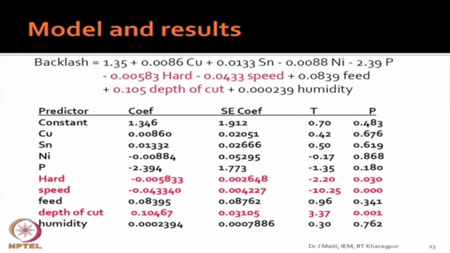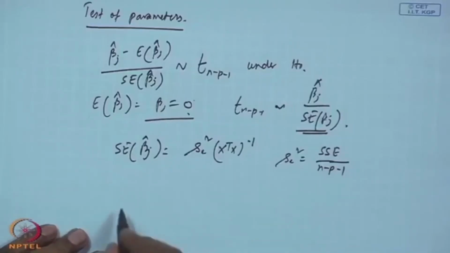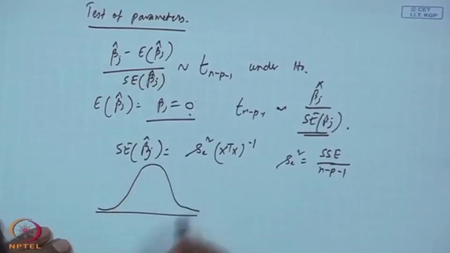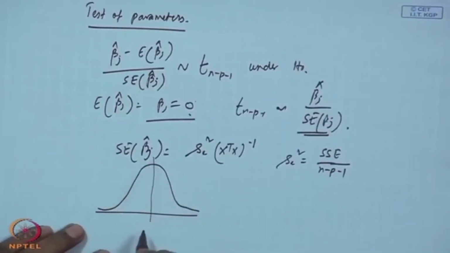All the probability values in black ink are non-significant. Sir, is there any threshold value of probability? Yes, that is 0.05, not 0.5. This is your t distribution, and this is the mean value of beta under H0, beta j equal to 0.